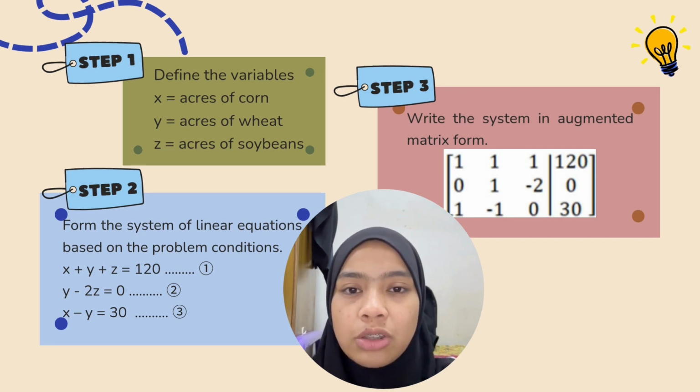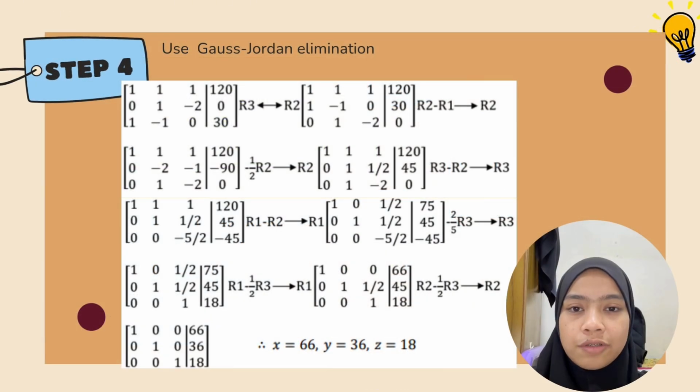Step 2, we need to form the system of linear equations based on the problem conditions. Step 3, we need to write the system's augmented matrix. To solve, for step 4, we apply the Gauss-Jordan elimination method by performing a series of row operations on the augmented matrix.